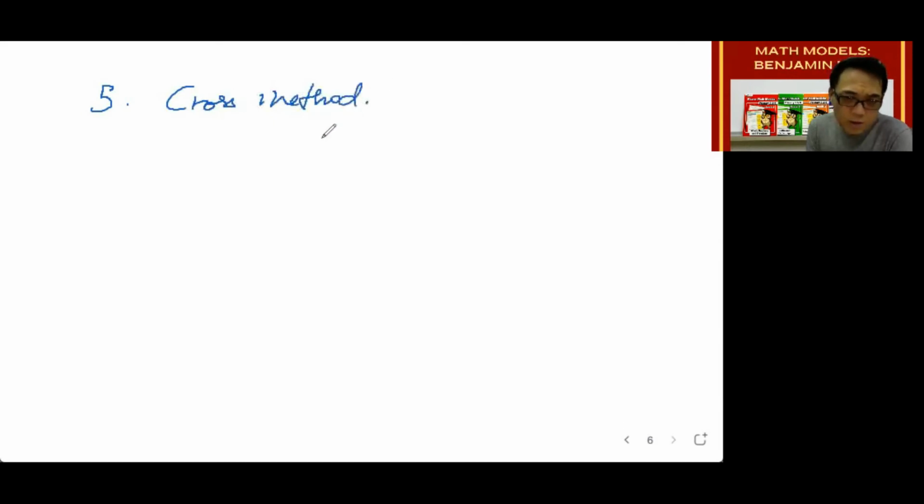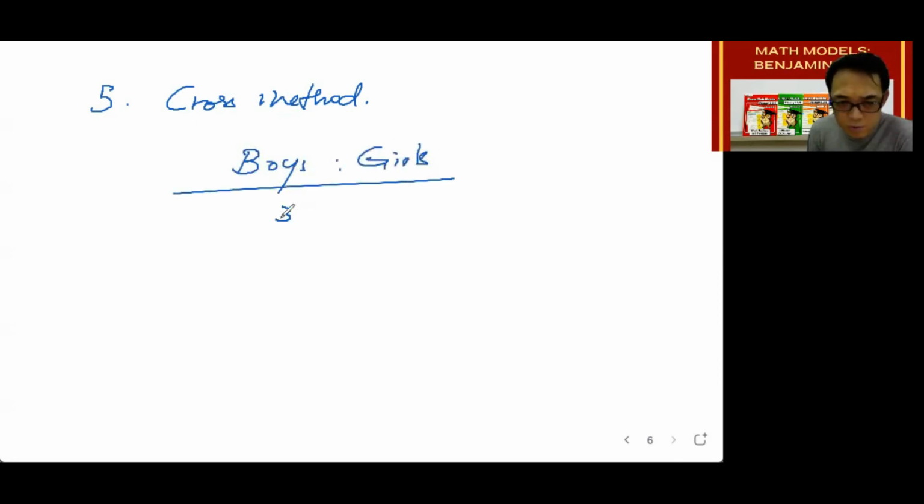In the cross method, generally it looks like this. For example, let's take boys and girls again. And then I give you a ratio, for example, 3:7.